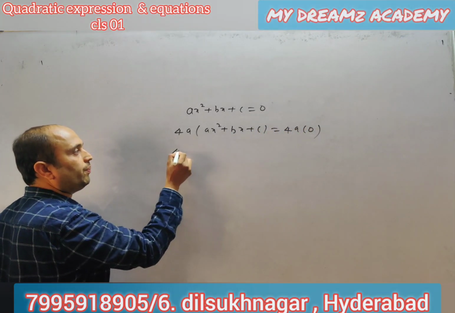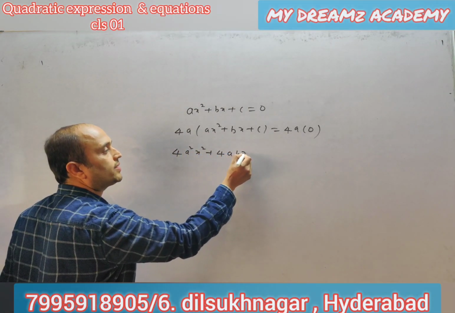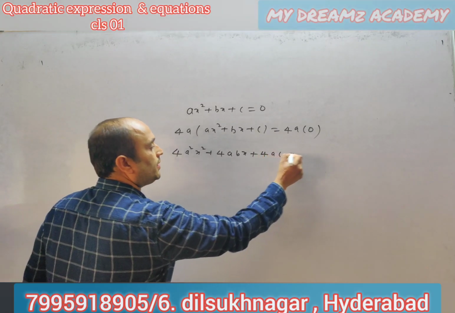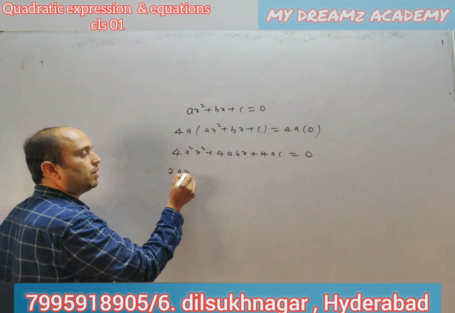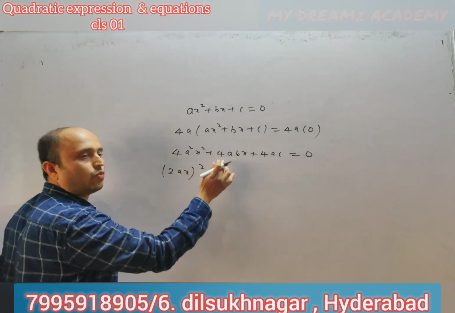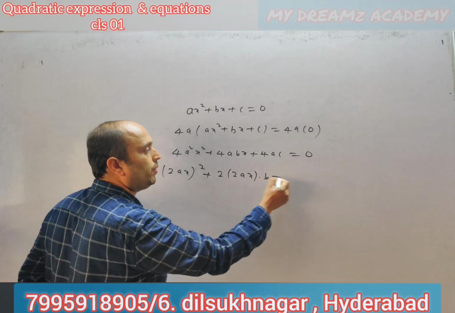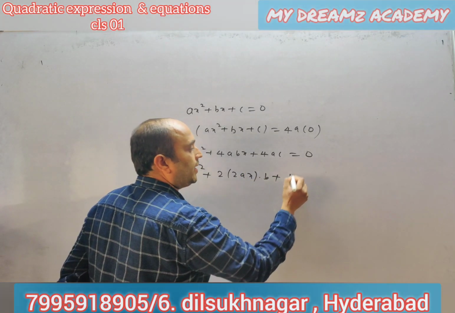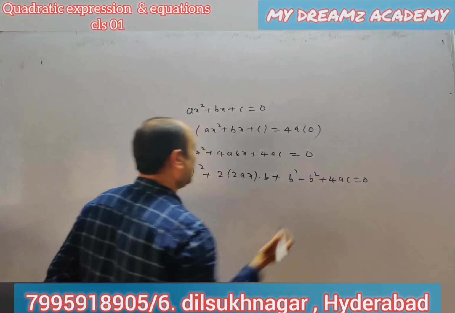Then this equation becomes 4a square x square plus 4abx plus 4ac is equal to 0. Now 4a square x square is nothing but 2ax whole square, plus 4abx is nothing but 2 into 2ax into b. So add and subtract b square: plus b square minus b square plus 4ac is equal to 0.